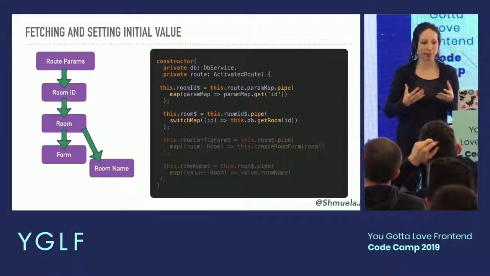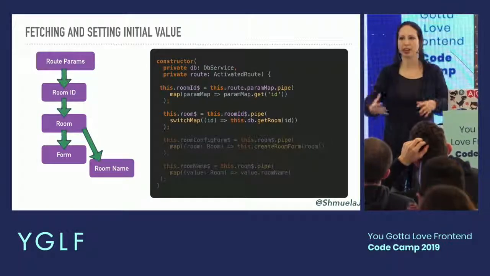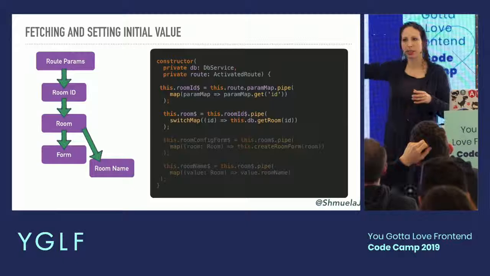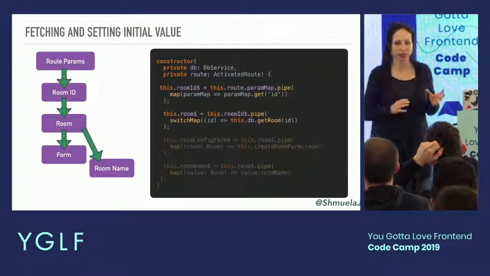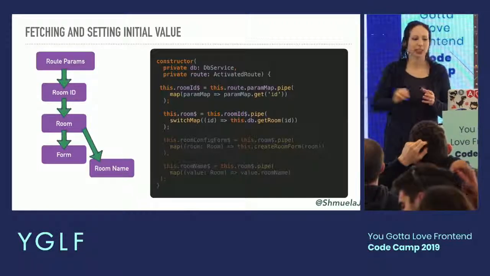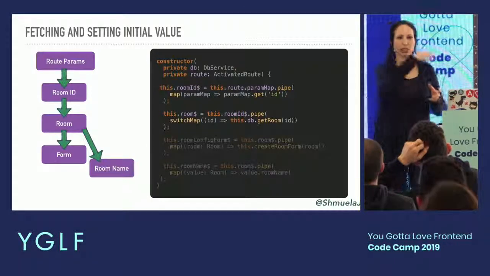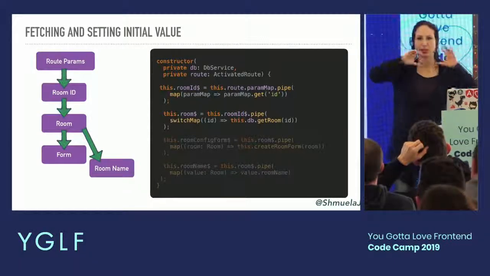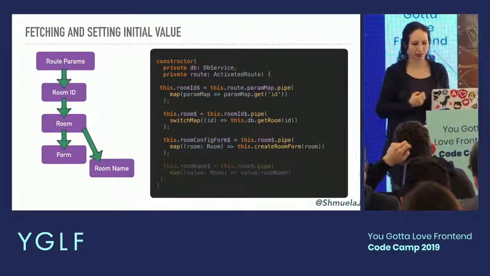But now we're switch mapping because we're taking an observable and we're asking for another observable, which is the response from the server about the room configuration. So get room with the ID is what we're doing with the room ID. We're switching the map to get an observable of the configuration. So now we have the room observable.